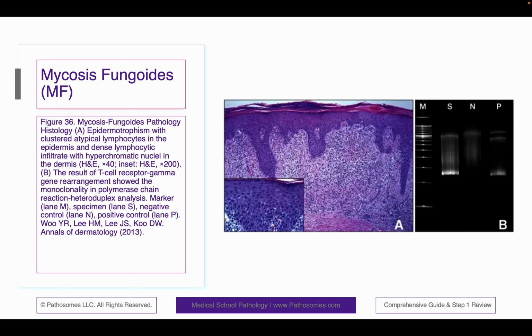Part B is just showing the results from a T cell receptor gamma gene rearrangement. Remember we talked about monoclonality? We were talking about various isoforms earlier and kappa lambda ratios. Well, with T cells, that monoclonality can be found by assessing T cell receptor gammas, right?